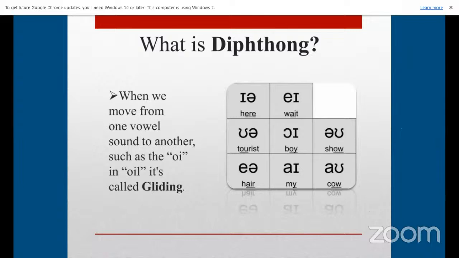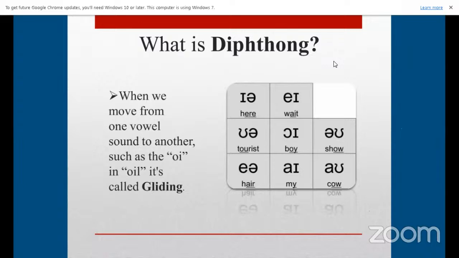So diphthong, I think I'll wind up now. So this is about the diphthongs. Can I start this tomorrow again from diphthongs?